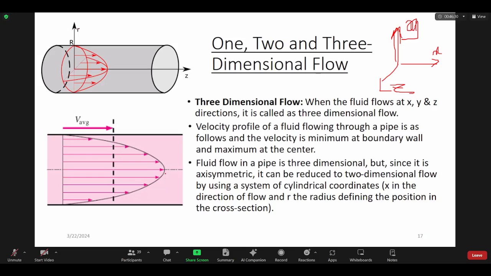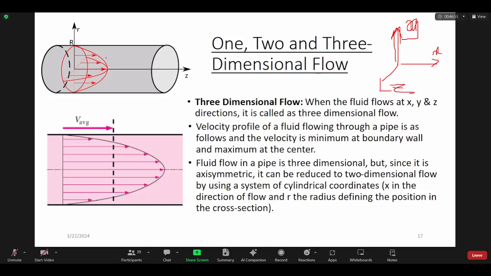This is the velocity profile in a fluid. You can identify maximum velocity in this area and minimum velocity in that area. So a 3D drawing is given.